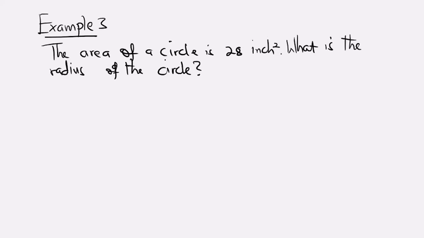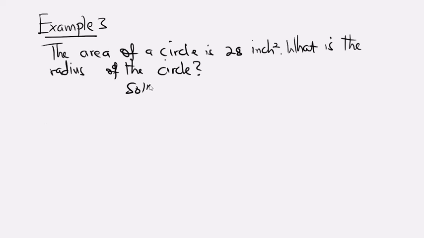In our third example under area and perimeter or circumference of a circle, we are given the area of the circle as 28 square inch, and we are to find the radius of the circle. So area has been given as 28 square inch, but we are to find the radius of that particular circle with that particular area.